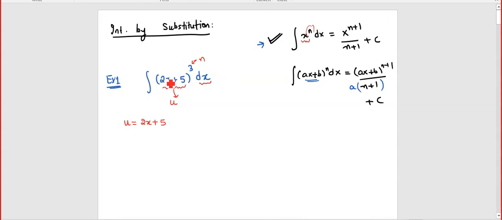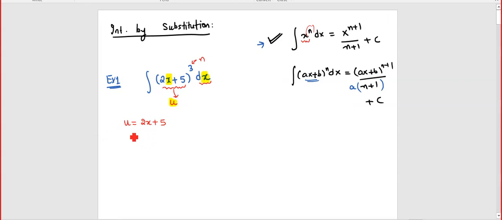If you have all the expression in terms of x, it should be in terms of x. But if you are going to change it in terms of u, then you should change this term also in terms of du.